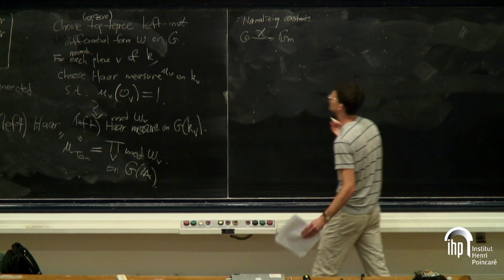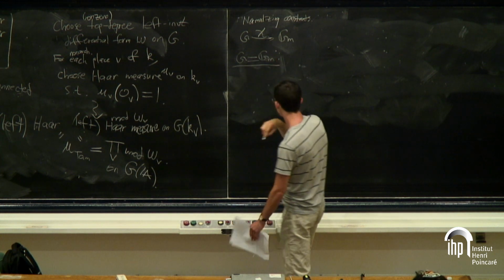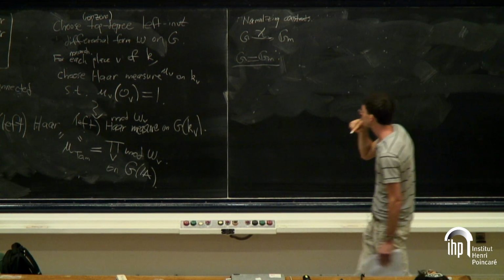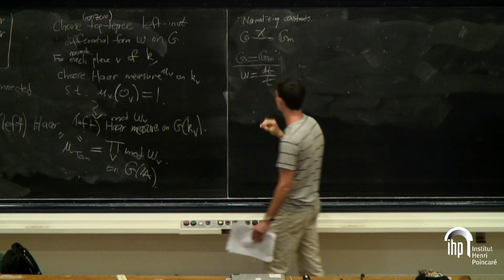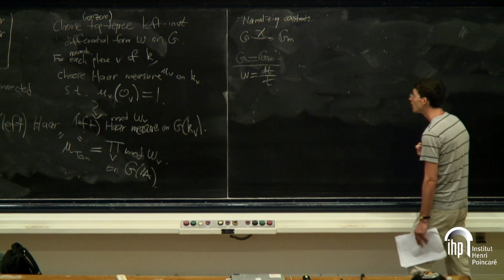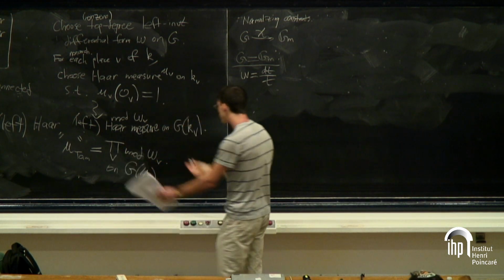The reason for that, you can see it in the case where G is G_m, and this sort of illustrates the problem. For G_m, your top degree differential form is dt over t. This is your invariant form. What does it mean for this measure to converge?